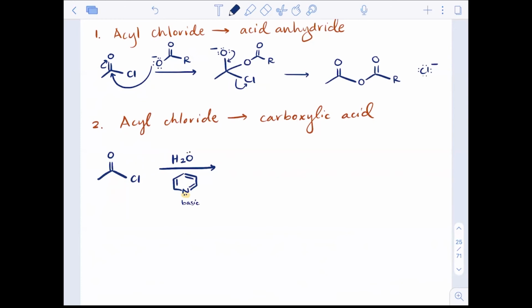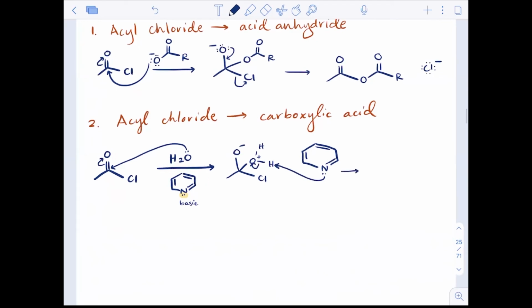So first step, oxygen in water attacks the carbon of the carbonyl, makes the tetrahedral intermediate. And then a proton transfer is necessary. Water is still a great leaving group compared to Cl minus. So we want to prevent HCl from forming, and we want to prevent any water from getting kicked off.